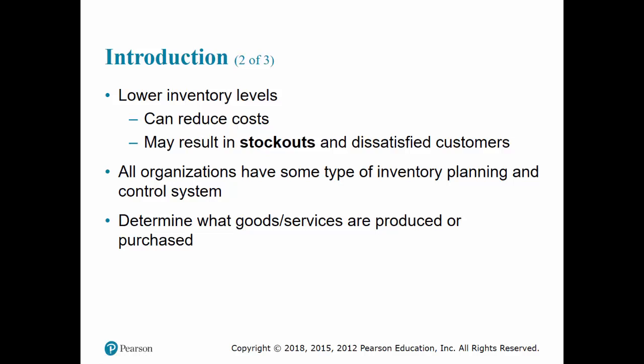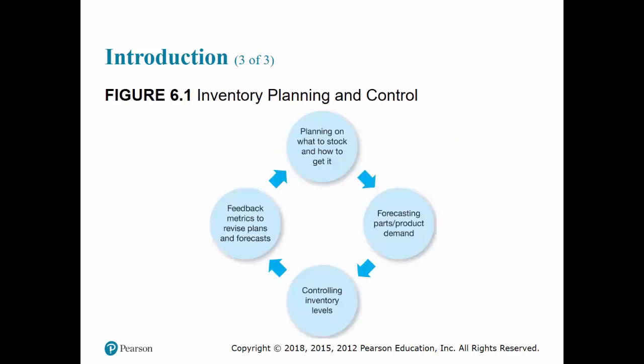Okay. So all organizations will have some type of inventory planning and control system, and some of the components of that is what we're going to be discussing in this chapter. So here is the kind of closed loop system of how an inventory planning and control system works. So you plan on what items to stock and how to get it.